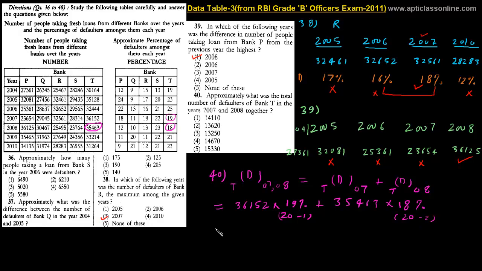20% means 1/5. So basically what we have to do is subtract 1% from the 1/5 of this value.